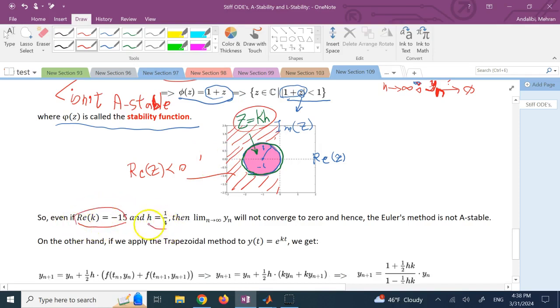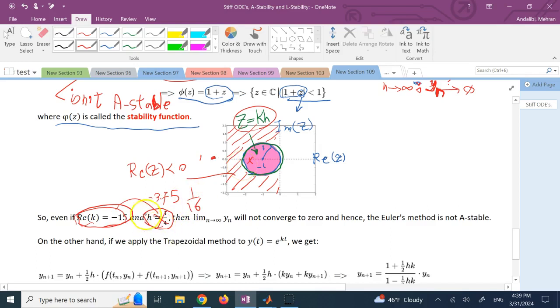But if I pick my h to be 1/4, if you multiply h by k, clearly -15 times 1/4 is going to be -3.75, which is clearly outside the circle. You see? So it doesn't work. So if I want the real part of k to be -15, I should pick an h for which the magnitude of this product is less than 1. So for instance, h should be what? 1/16. Then yes, it falls inside the circle.